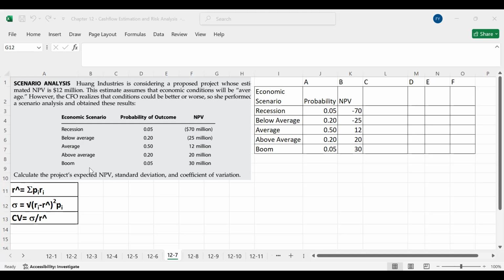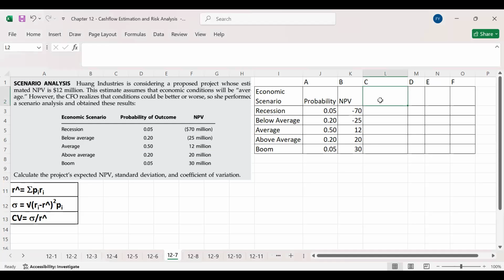These NPVs at different economic scenarios are given, but the requirement is to calculate the project's expected NPV, which is also known as the average NPV, the mean value of the probability distribution of all possible NPVs or all possible returns.